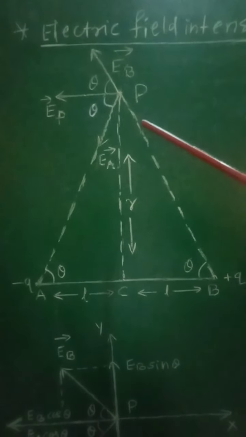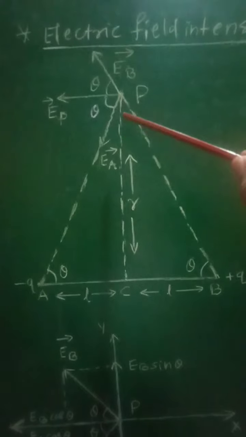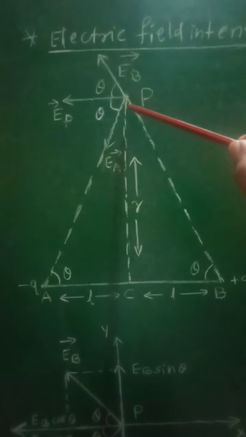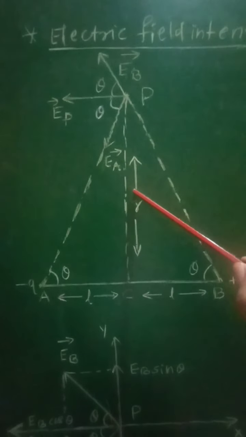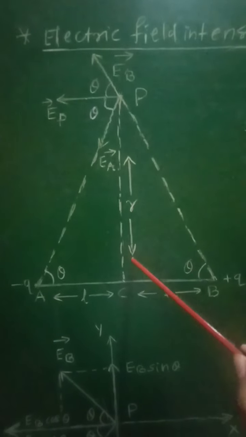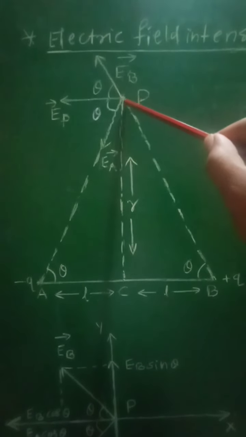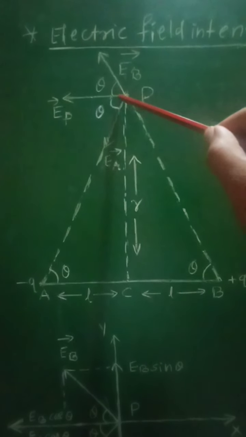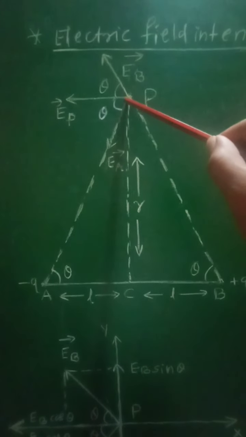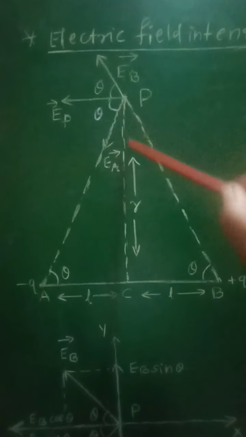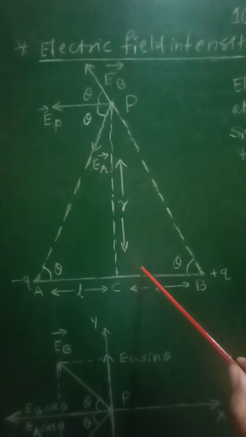Now, along that equatorial line, let us consider a point P at a distance equal to r from the center of the electric dipole, at which we have to find the electric field intensity due to this electric dipole.